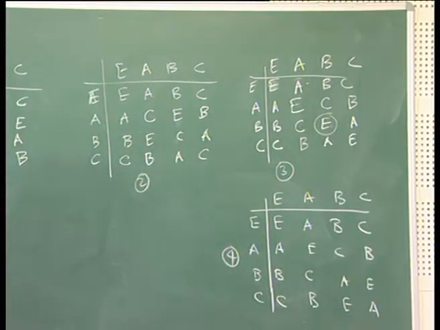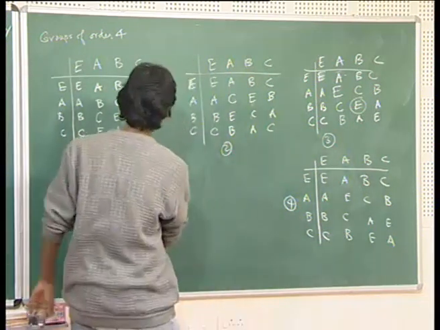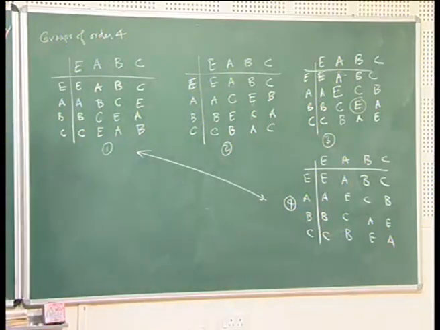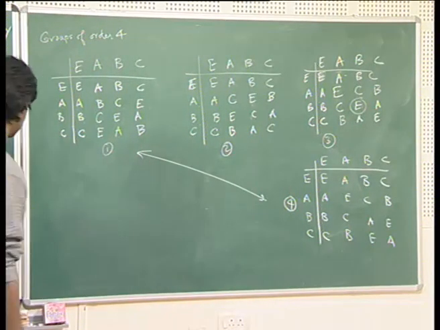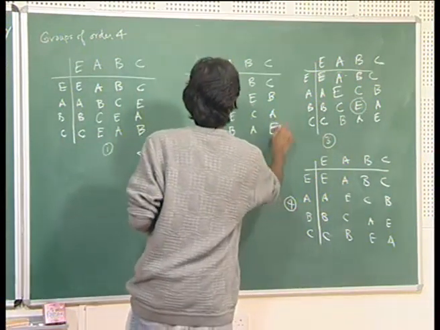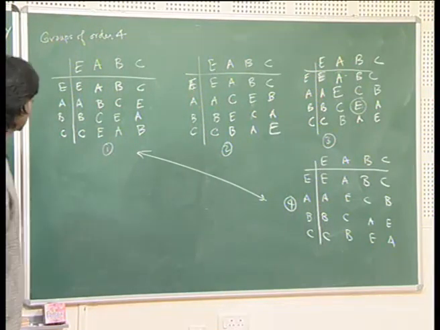Okay, so on the face of it, it looks like there are four choices, but amazingly, what you can show is that these two groups are the same. There is some problem here; this should be identity. It's not hard to say.